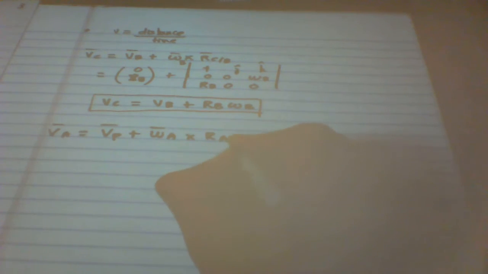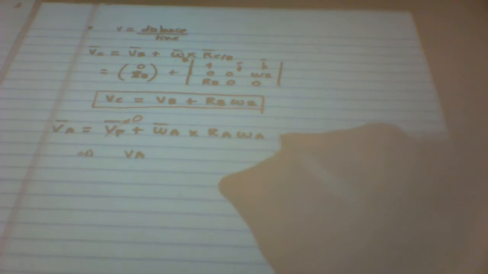Okay, similarly, we could find that VA, I'm not going to do the details, equals VP plus omega A cross R of A, omega sub A. Let's do everything and see what we find.